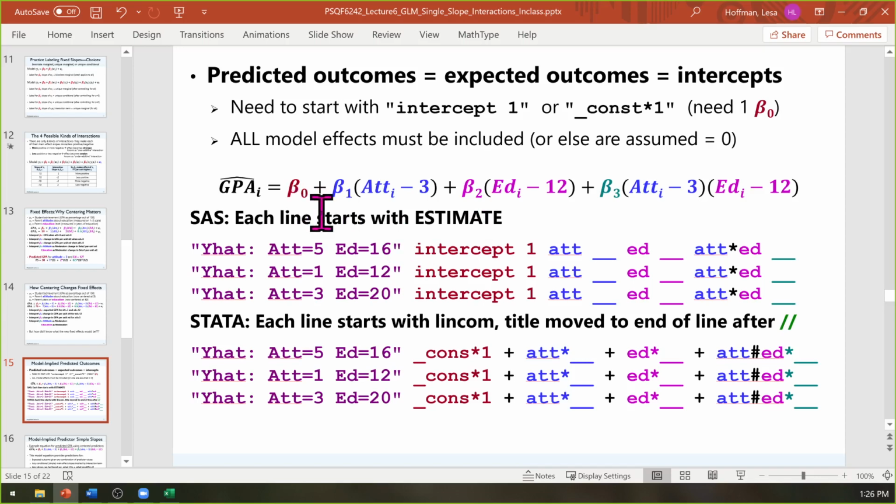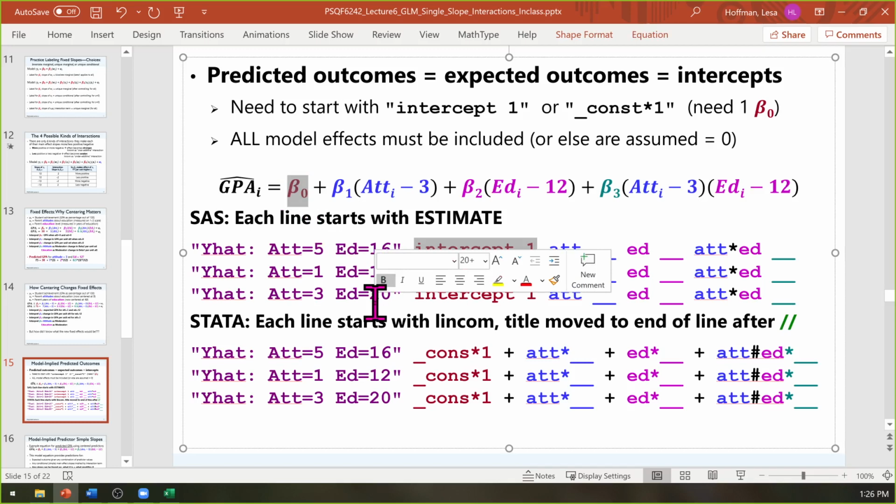The key to generating a predicted outcome that is correct is to remember to include every single fixed effect that's in the model. All of the fixed effects, the intercept and all the slopes, have to be considered. So when I type intercept 1, what I am asking is to build a linear combination that starts with 1 of whatever beta 0 is going to be.